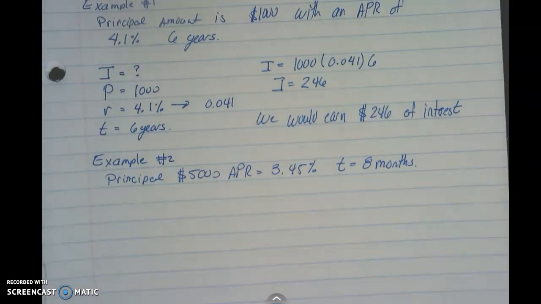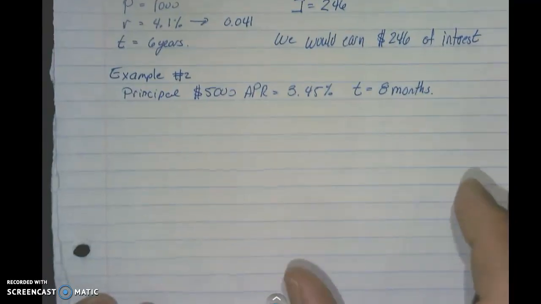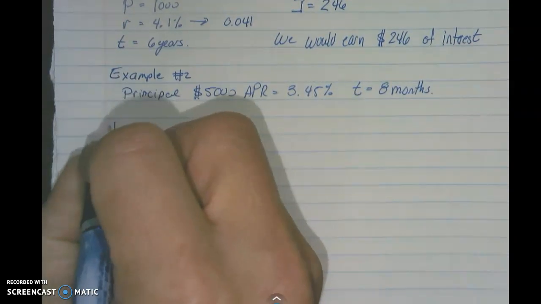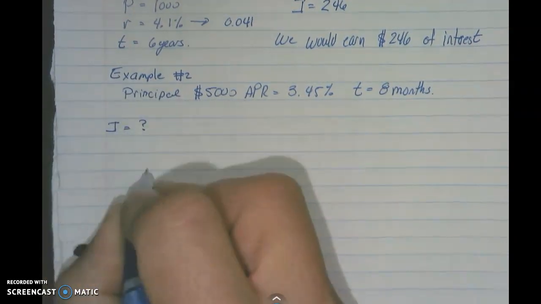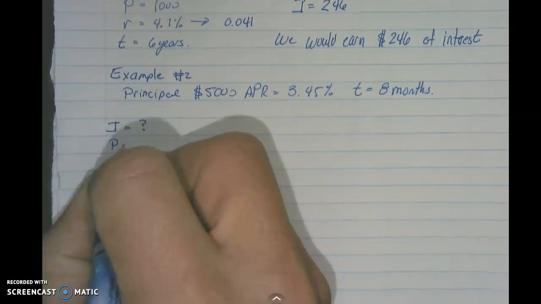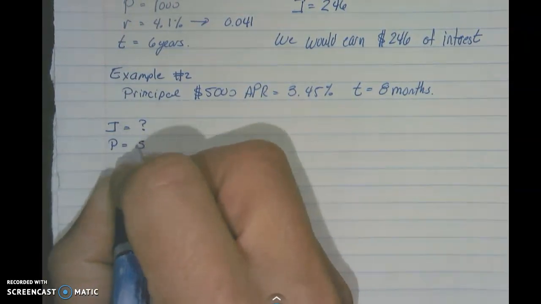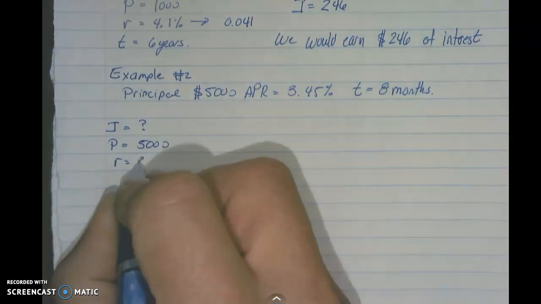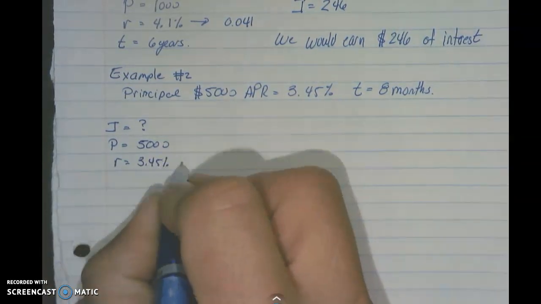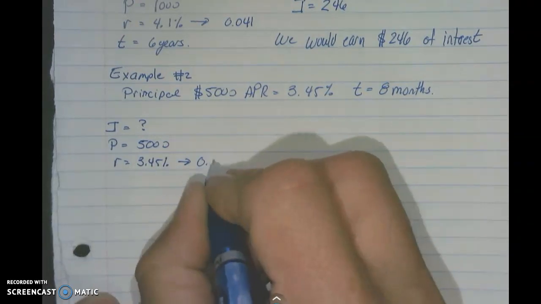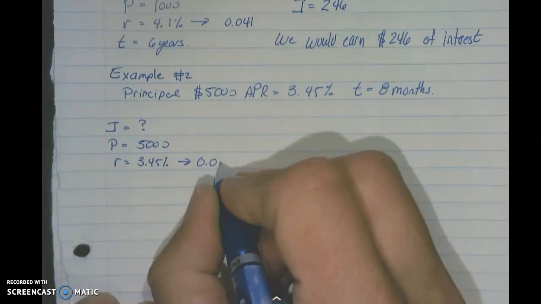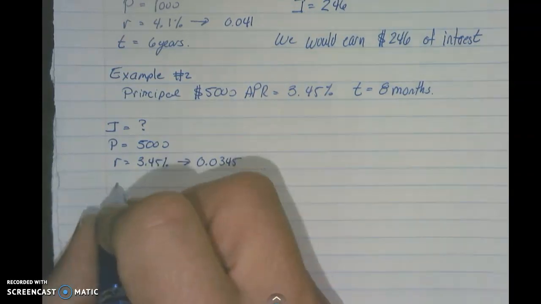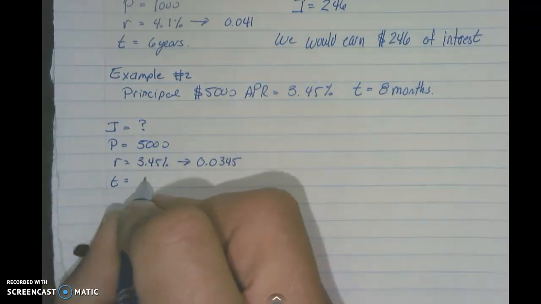Okay, so then what we would want to do is go with, like we did before, I is our unknown, P is 5,000, my rate is 3.45%, convert that to a decimal is 0.0345, and then the time is 8 months.